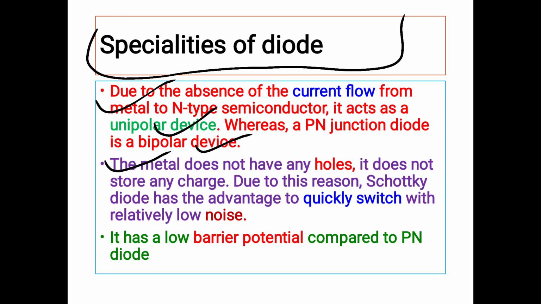The metal does not have any holes, and it does not store any charge. Due to this reason, the Schottky diode has the advantage of switching quickly with relatively low noise, and it has a low barrier potential compared to the p-n junction diode, as we have seen from the previous characteristic graph of the Schottky diode.